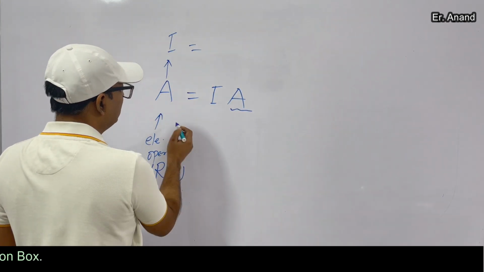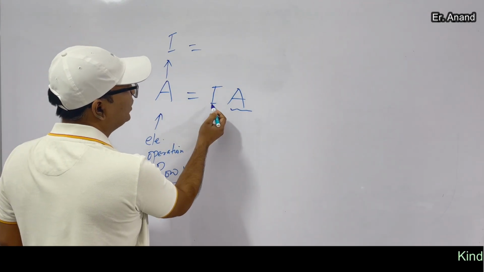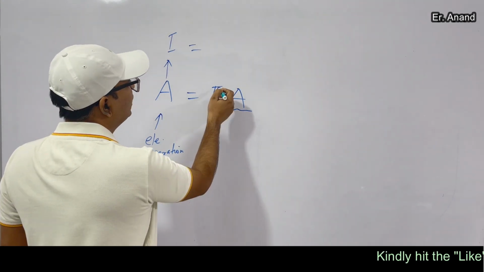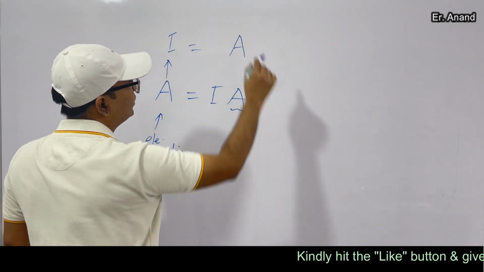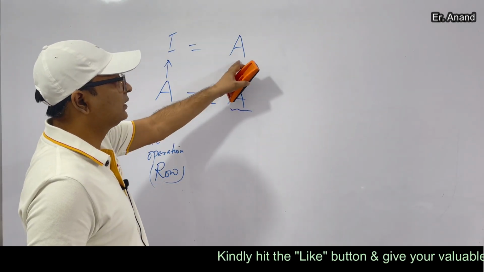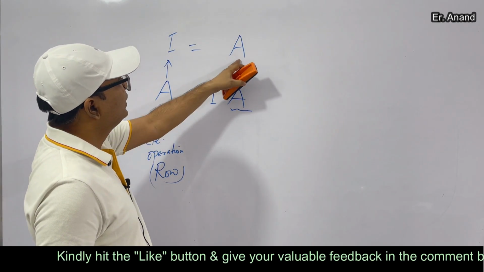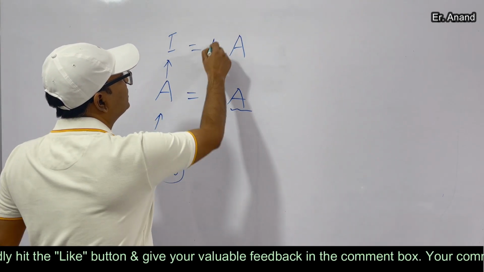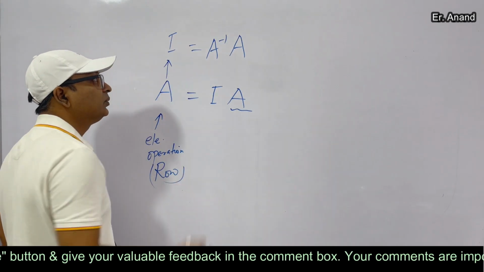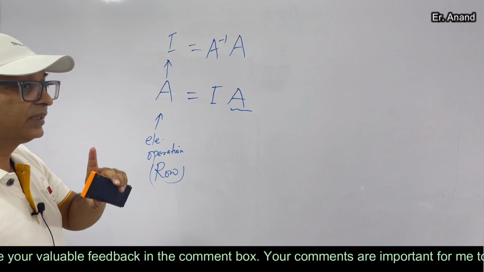So when we are doing operations on this, we are not touching this matrix. Then what happens? If this becomes I, this becomes A inverse, then only this is equal to I.